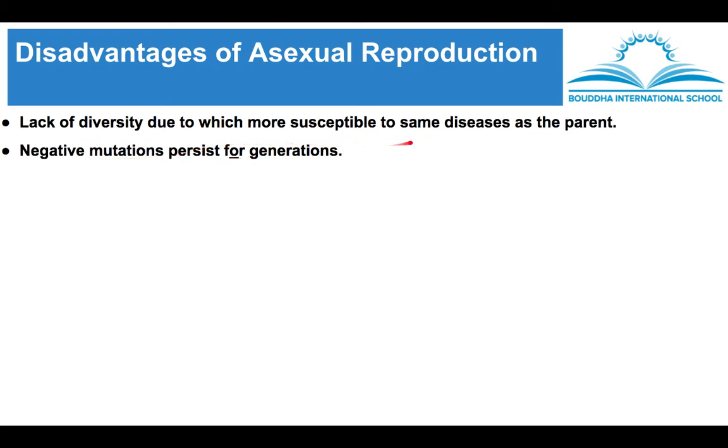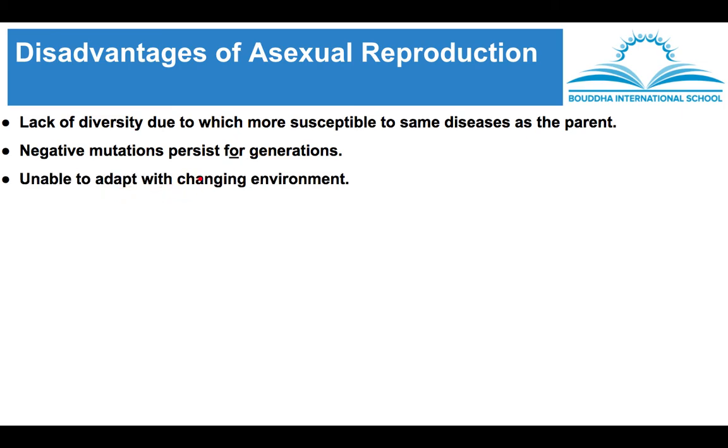If parents have any kind of negative mutations, then it will continue from generation to generation because there is no exchange of genes and parents and offspring are identical.